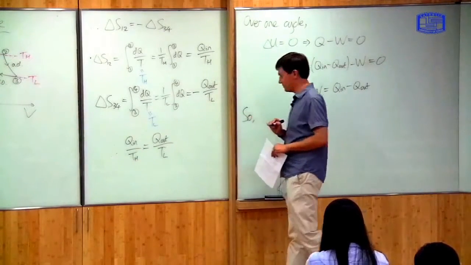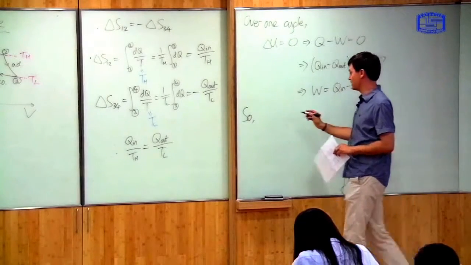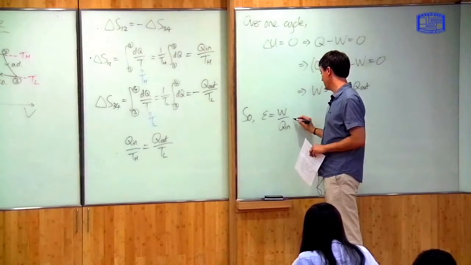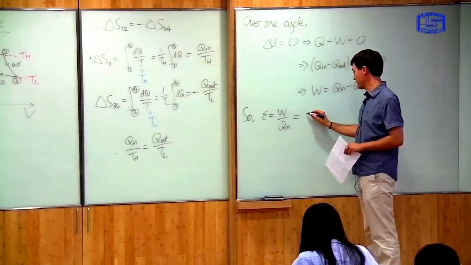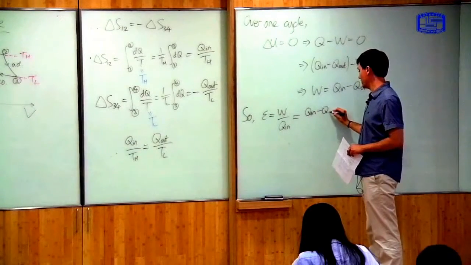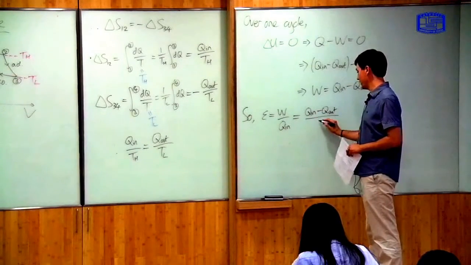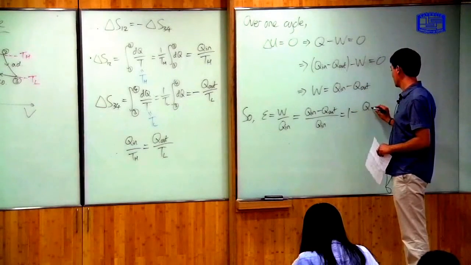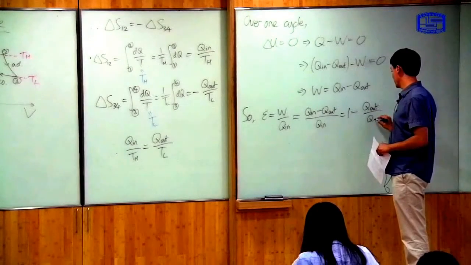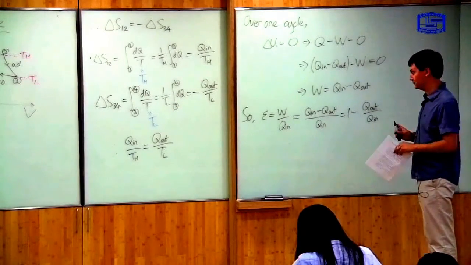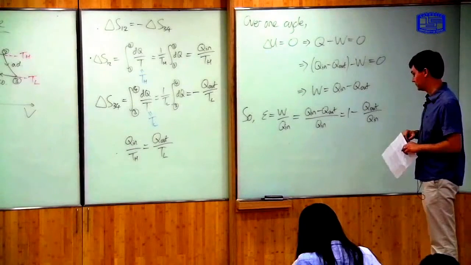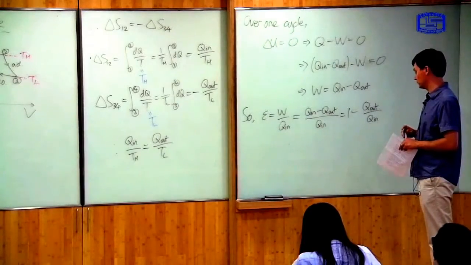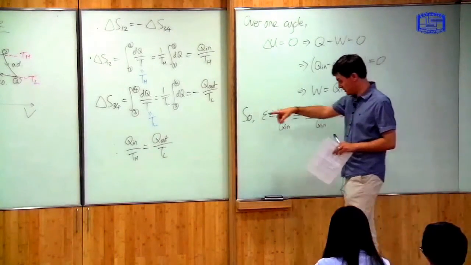And the last line of equations then: efficiency is defined as the work divided by the amount of heat you have to put in. Using this relation, I can write this as Q in minus Q out divided by Q in. So this is 1 minus Q out divided by Q in. And now I can make use of this equation which we derived here.